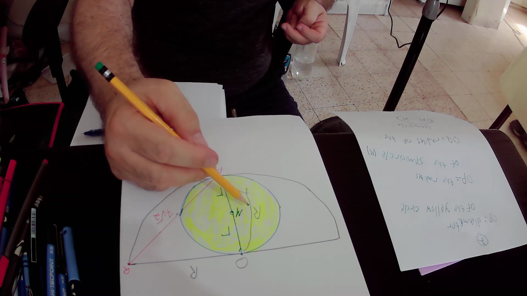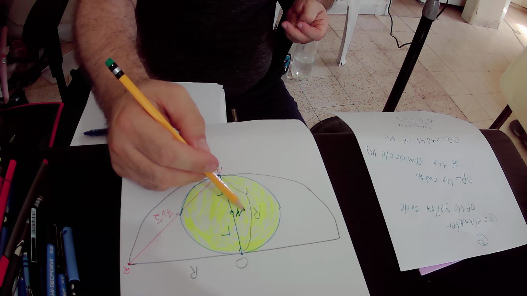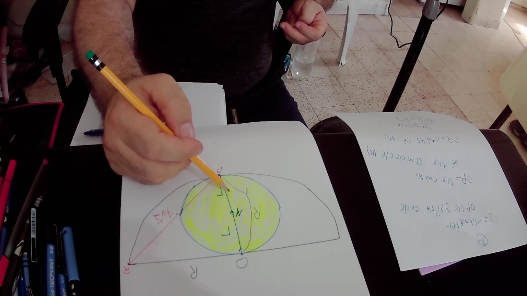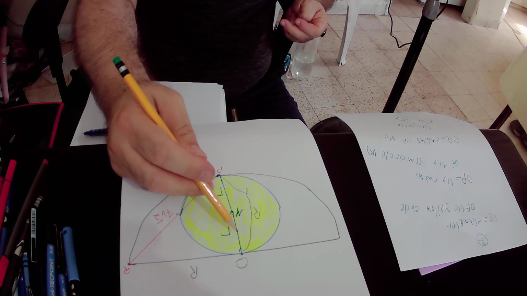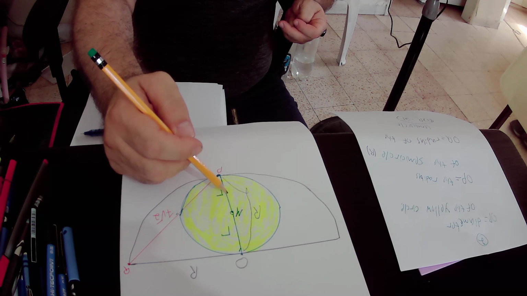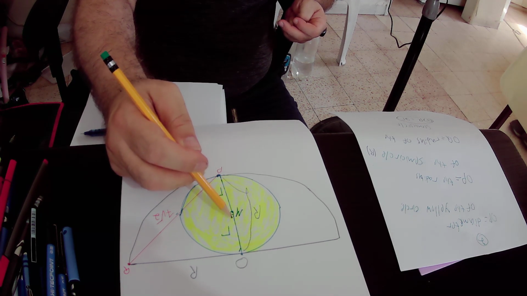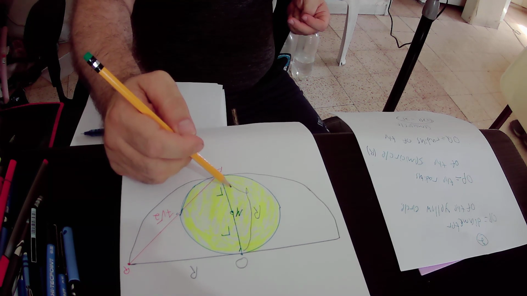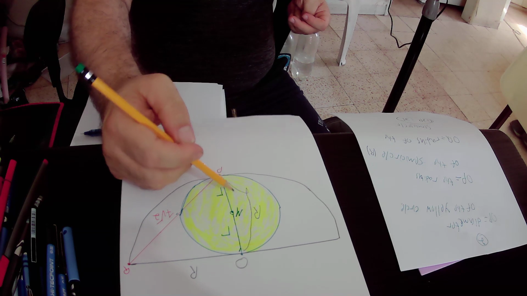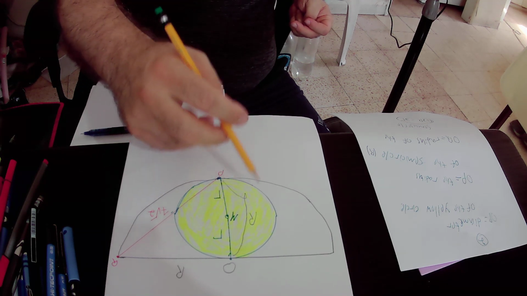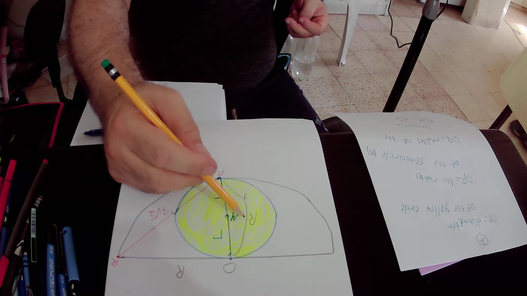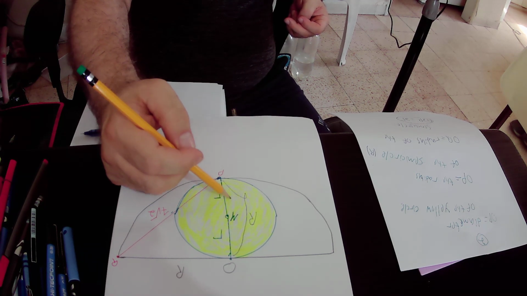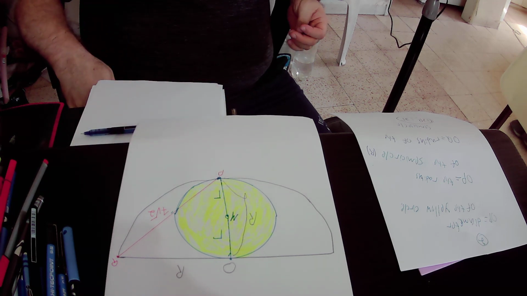For that reason, the radius of the semicircle equals 2 times r, because the diameter is defined as 2 times the radius. That is to say, the diameter of the yellow circle equals 2 times small r, and OP equals the radius of the semicircle, so OP also equals capital R. So capital R equals 2 times small r. Okay.